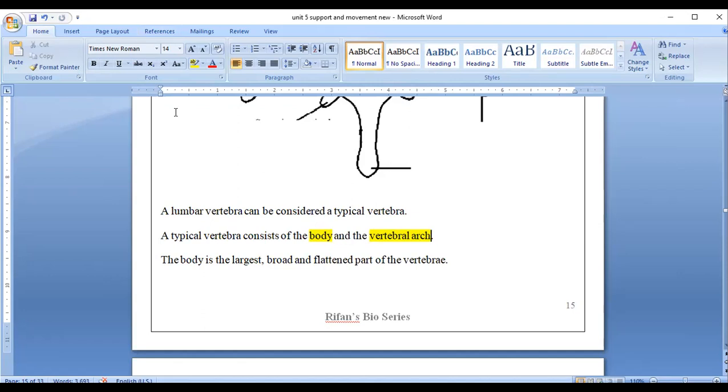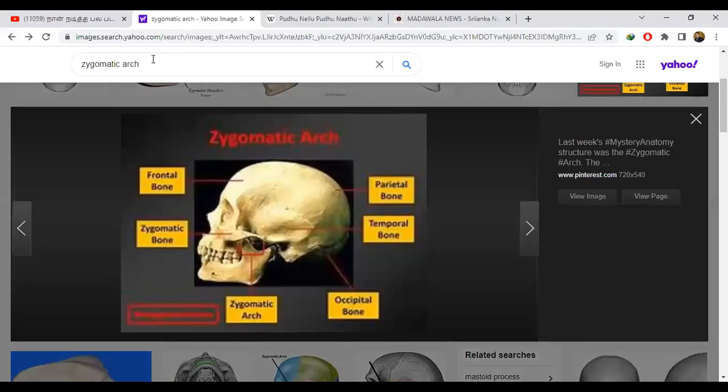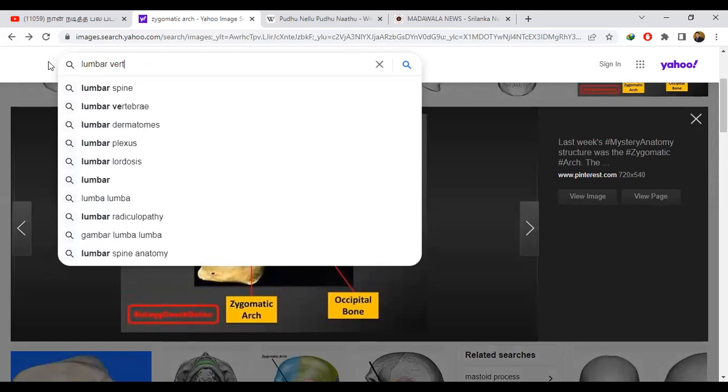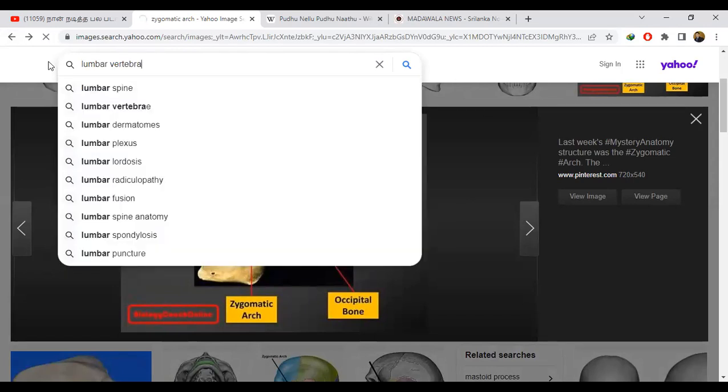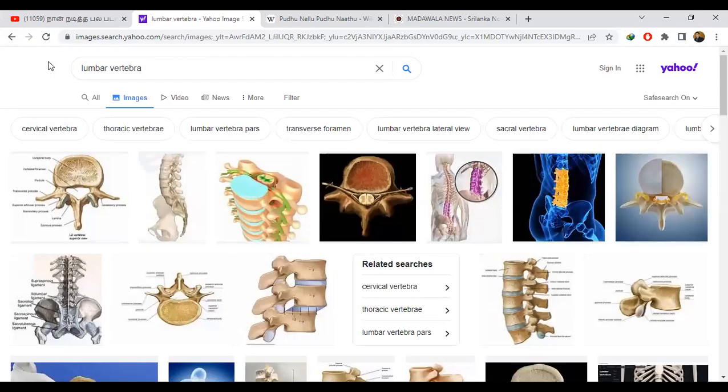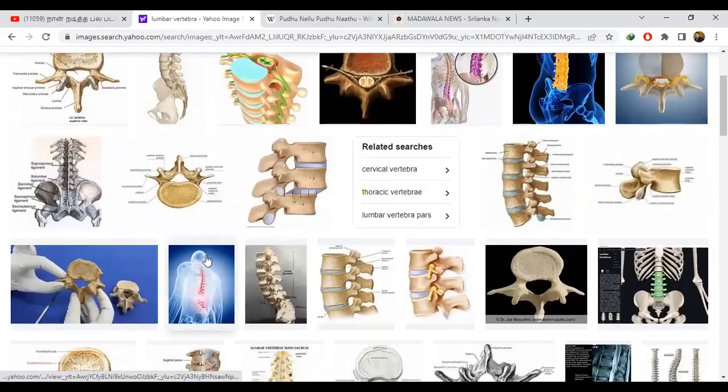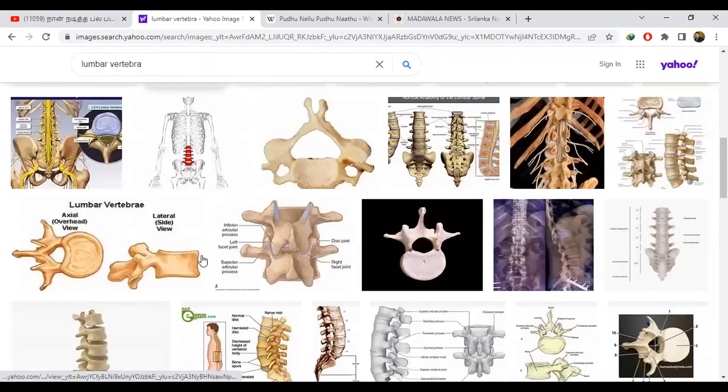If you take a single vertebra, or a lumbar vertebra, what is it? Vertebra. Come. I need a side view.